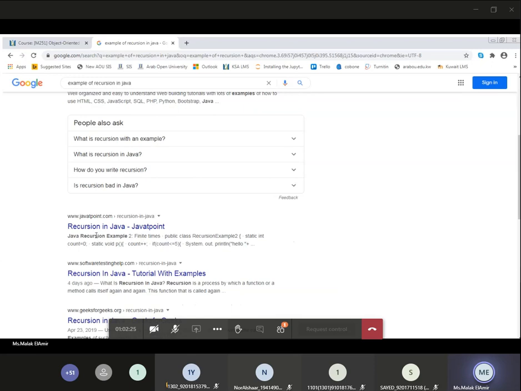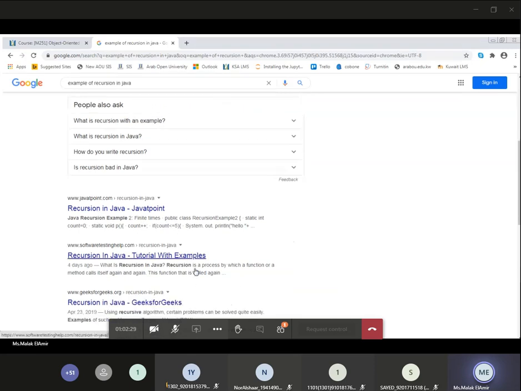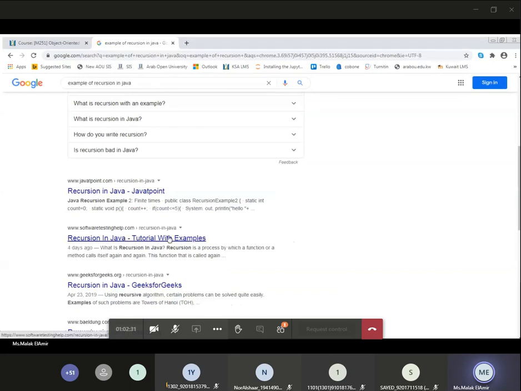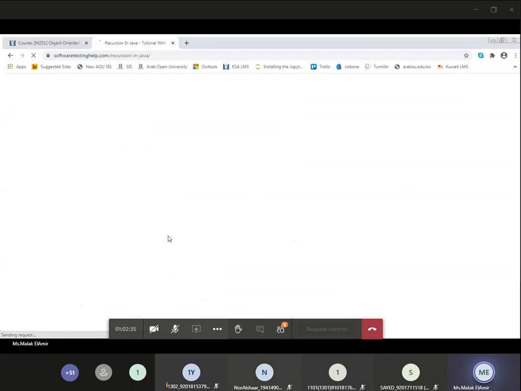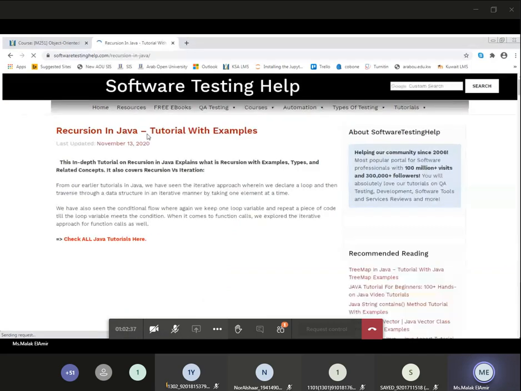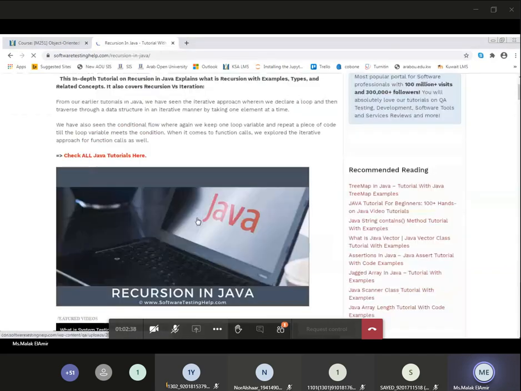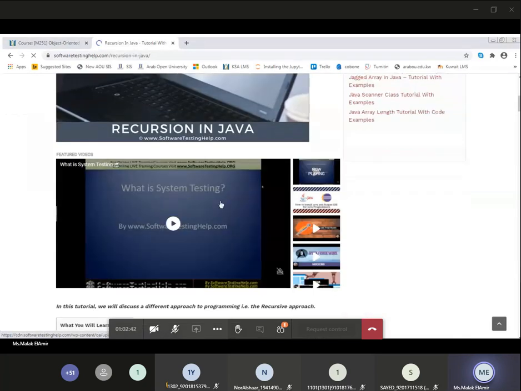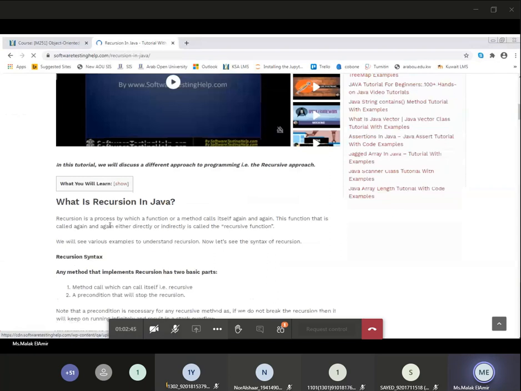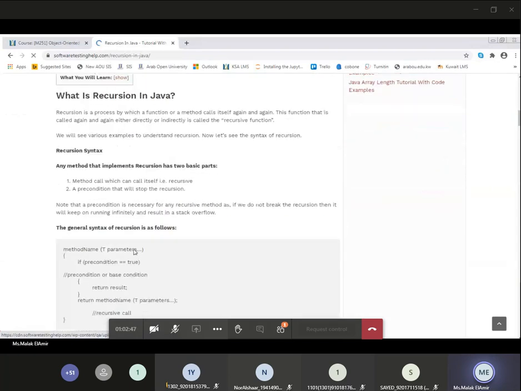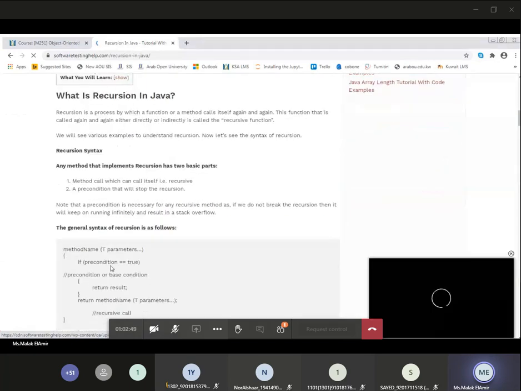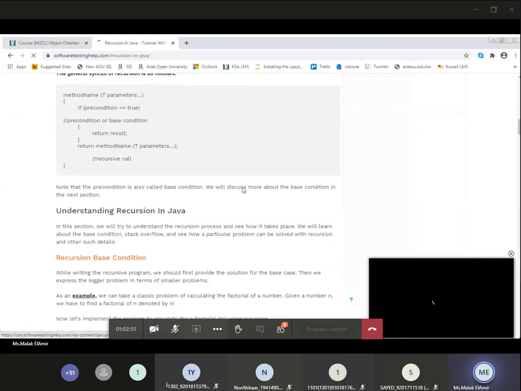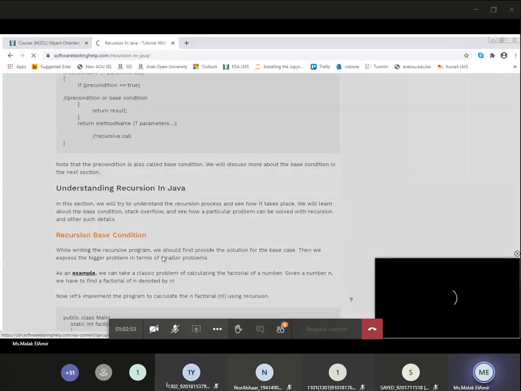Different example: a tutorial with an example of recursion in Java. Here, recursion in Java, how I'm going to write it. There is a video about it. What is system testing, how I'm going to make it, how I'm going to check. Recursion based on a condition, a lot of examples.